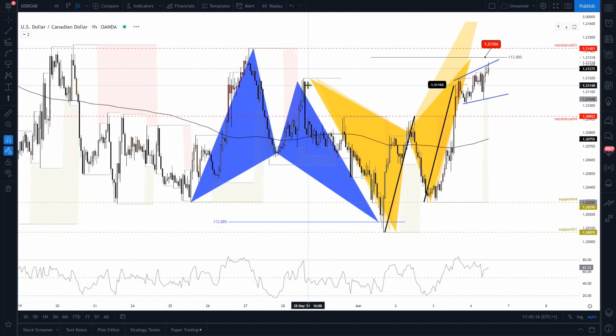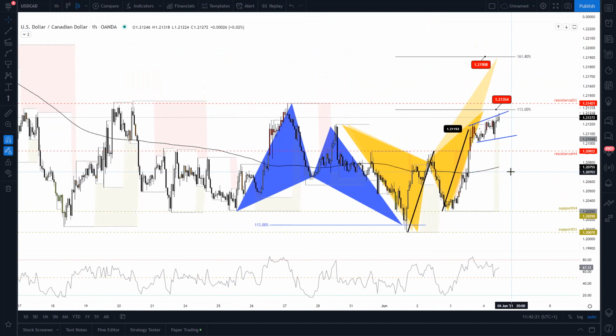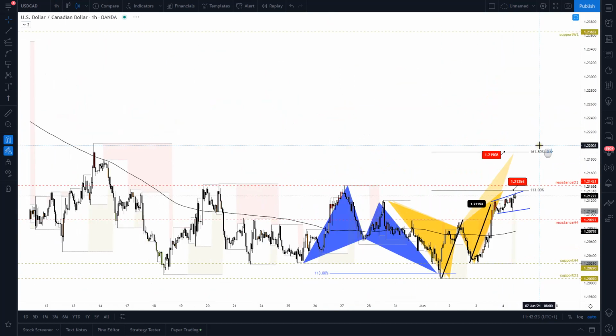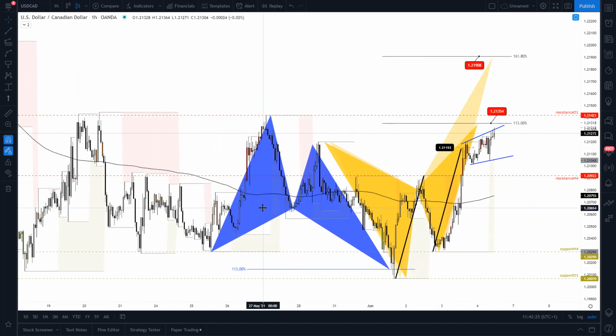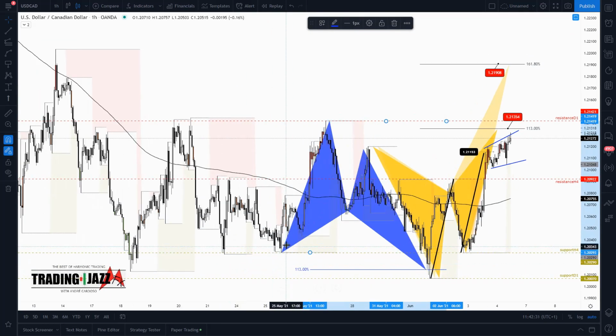And if you go into a 1 hour time frame, we can see the structure the market has formed. Basically we have this bullish alt-bat pattern printed at the 113% Fibonacci extension of this last swing high, completing the sequence. This is an M-shape pattern, the most usual M-shape configuration, and this is one of the variables for the bat pattern.